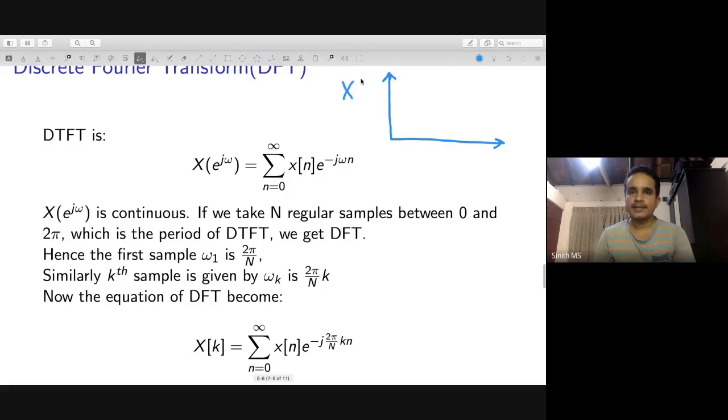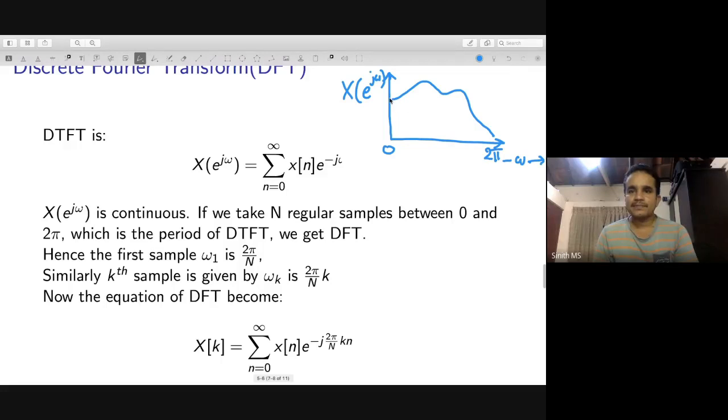Suppose this is your X(e^{jω}), which is the DTFT, and suppose it is something like this. This gets repeated from 0 to 2π because you are considering ω, the angular frequency, and it gets repeated in the interval 0 to 2π.